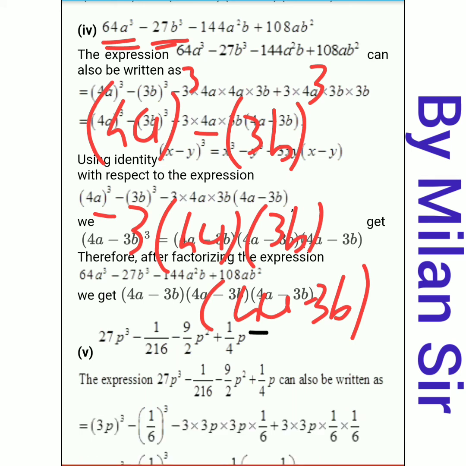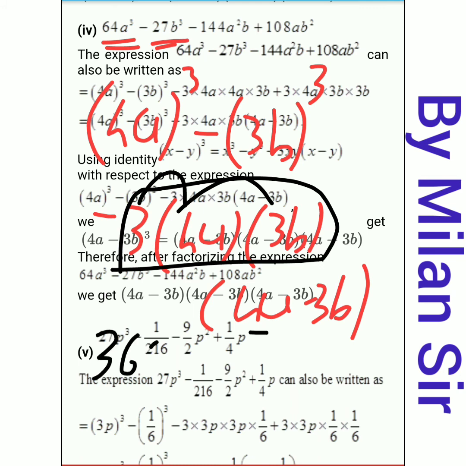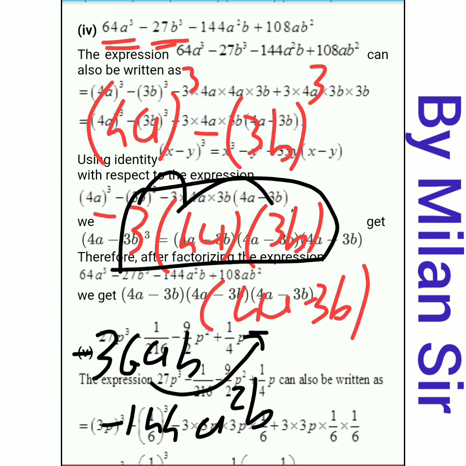First of all, the answer of this: 3 4s are 12, 12 3s are 36ab, right? Now we need to multiply this minus 36ab with this 4a, so 36 4s are 144, right? And a multiply a is a square, b remains as it is, plus minus minus.